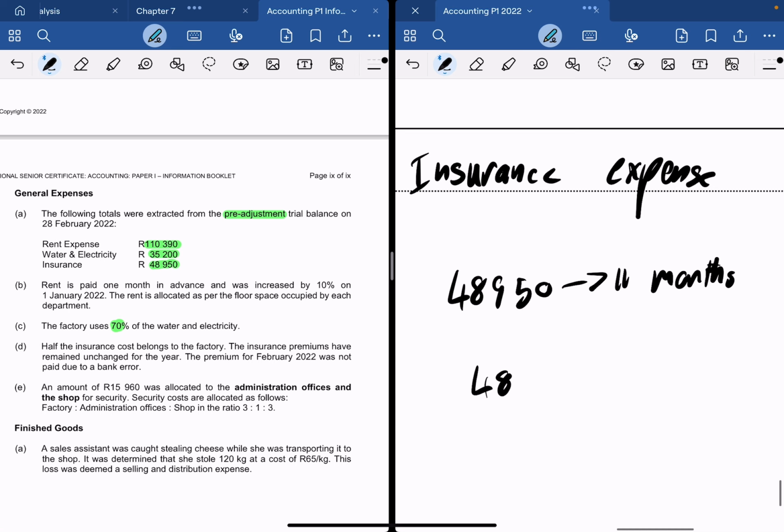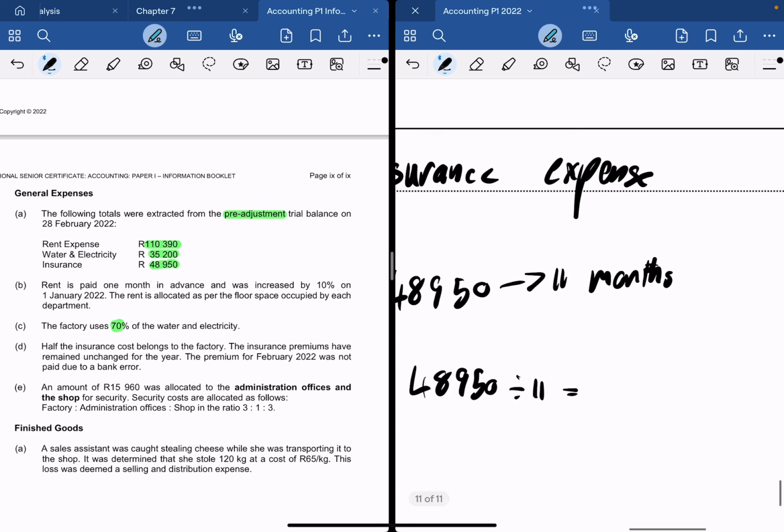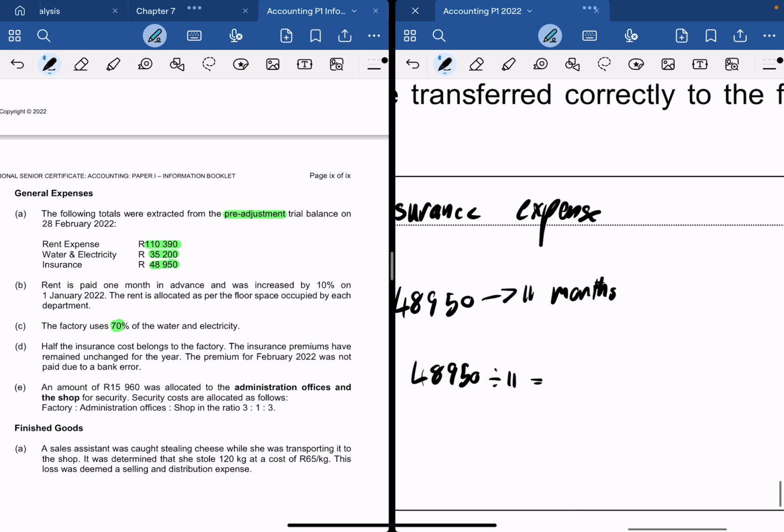So it's quite easy. We take 48950 divided by 11 to get the monthly rate, right? 48950 divided by 11 is equal to 4450 per month.